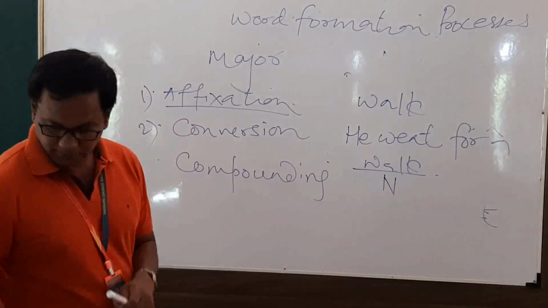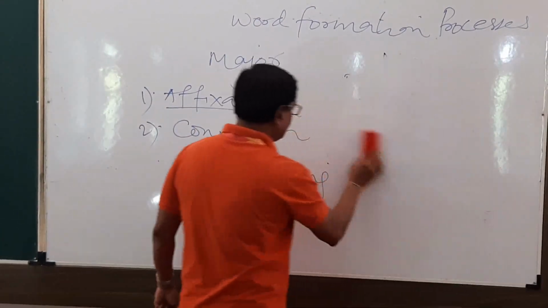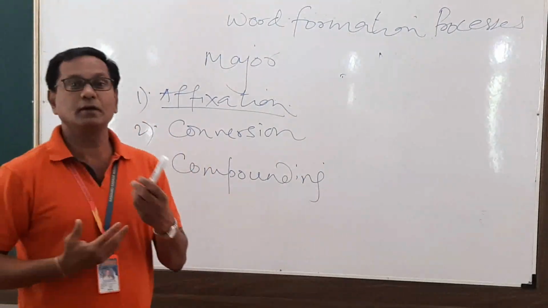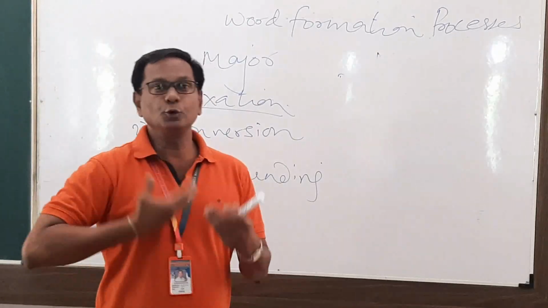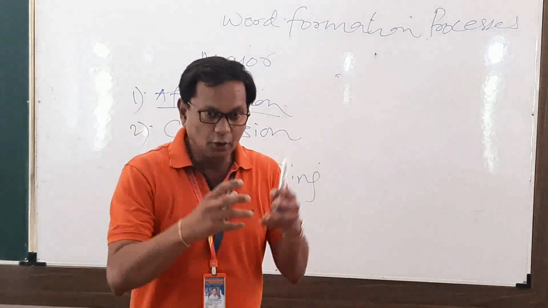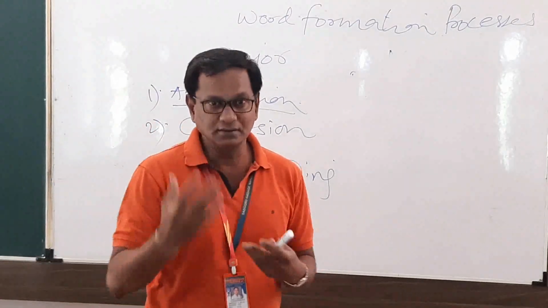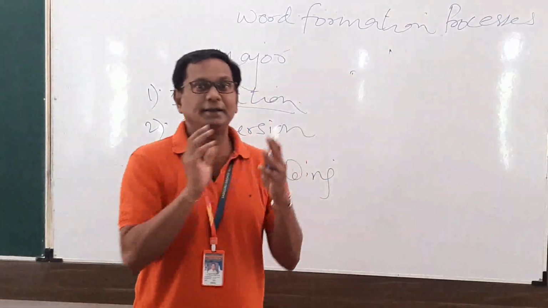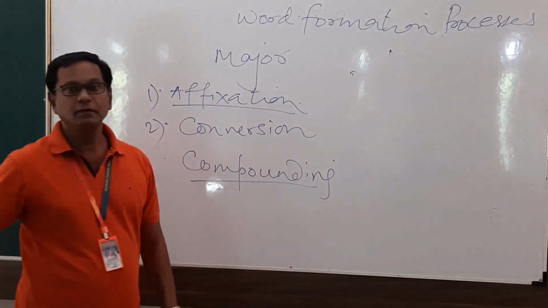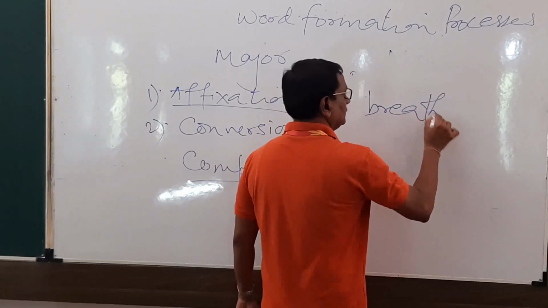So conversion is the next major process of word formation. The next process is called compounding. The very word signifies combination. When two bases are combined in a word, two nouns, or an adjective and a noun, such word classes or bases combined in a cluster of a word, it is called compounding. For example, breathtaking.